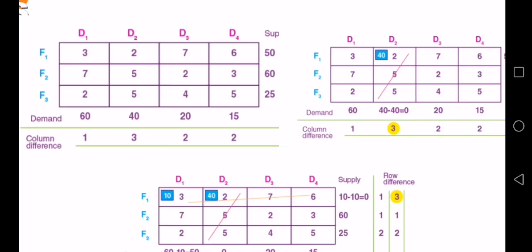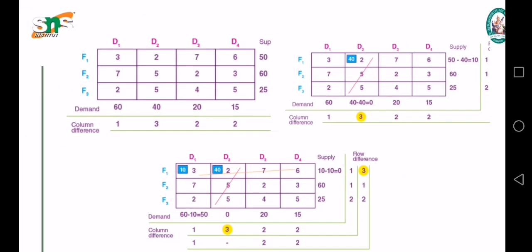First we take the difference between the two minimum numbers in the first row, that is 3, 2, difference is 1, and the second row 2, 3, difference is 1, third row F3 2, 4, difference is 2, and for the columns we get 3, 2, 1 and 2, 5, 3 and 2, 4, 2 and 3, 5, 2.